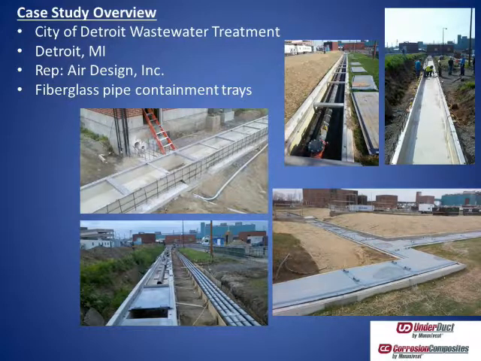And the challenge was to design a system that could contain one 8-inch scum pipe and 2 4-inch hot water pipes. And they had to be insulated. We have a fiberglass 36-inch wide trough for the most part.